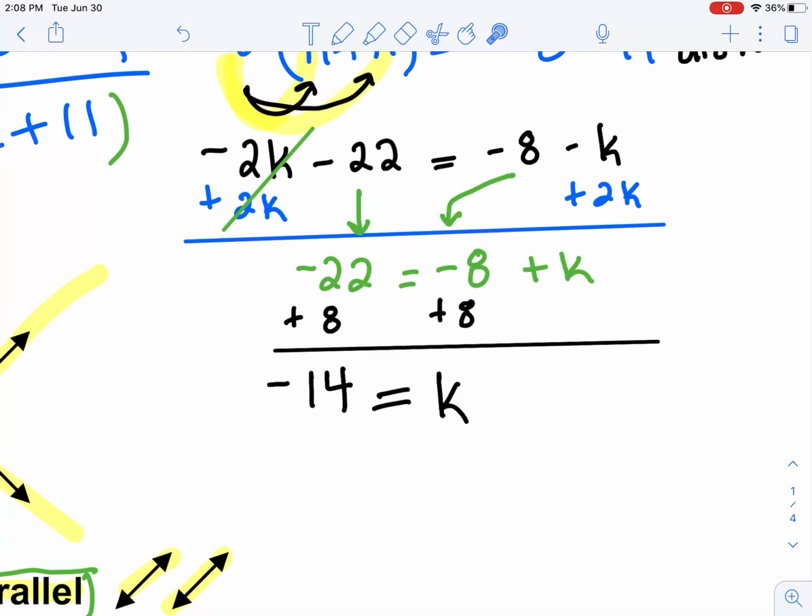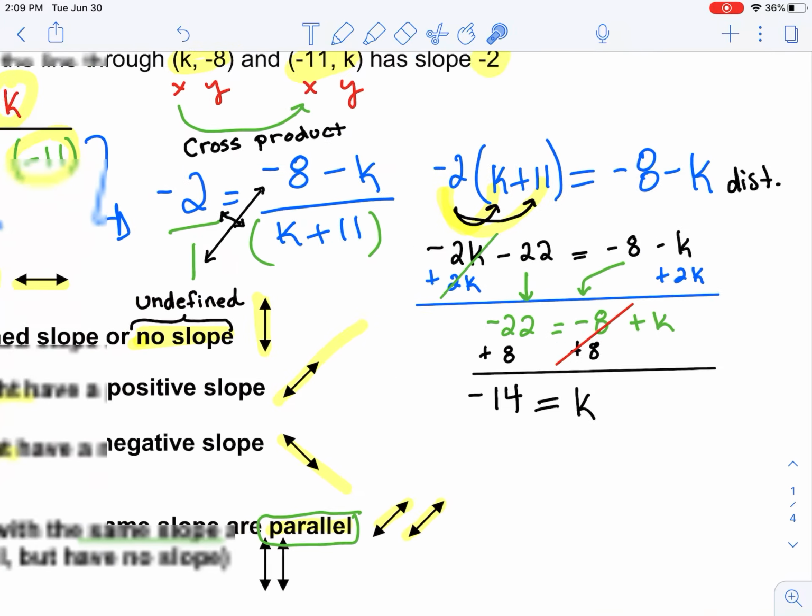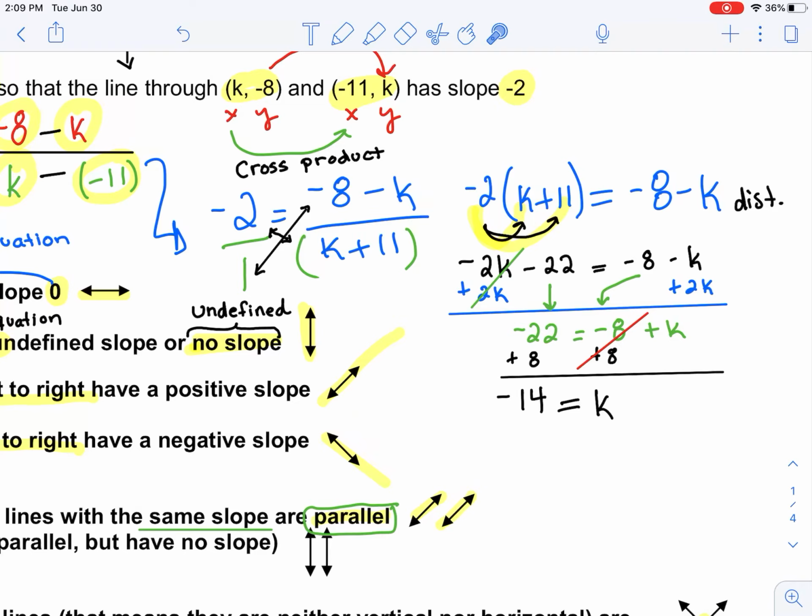So I'm going to use the inverse operation. The opposite of a negative 8 is a positive 8. So therefore, these will cancel out. And negative 22 plus 8 gives me negative 14, which gives me k. So k equals negative 14.